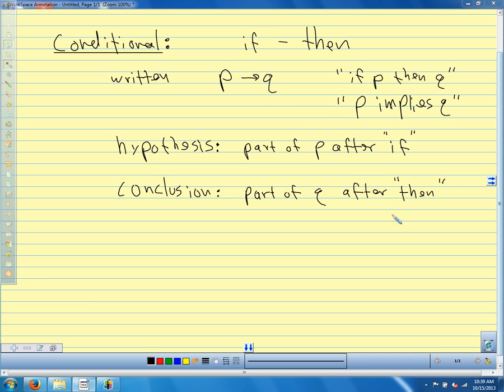And we can write it out, we can also draw this in a diagram. If we draw this in a diagram, we call it a Venn diagram. A Venn diagram for a conditional statement would look something like this.